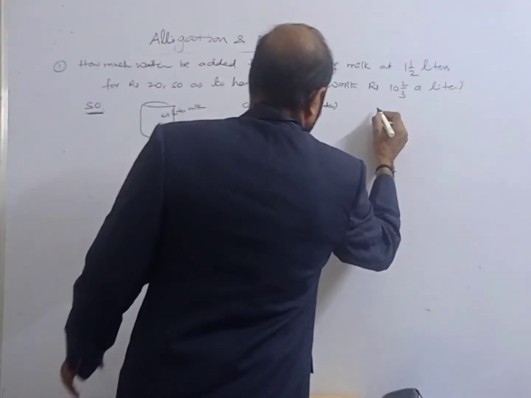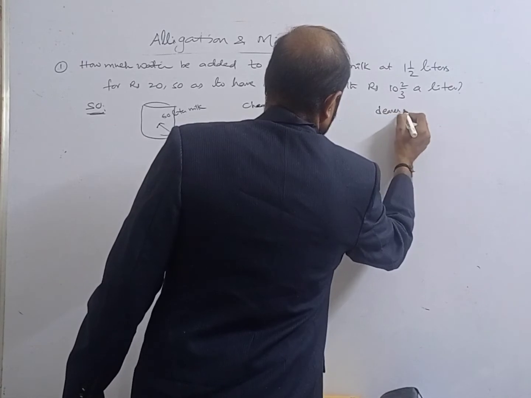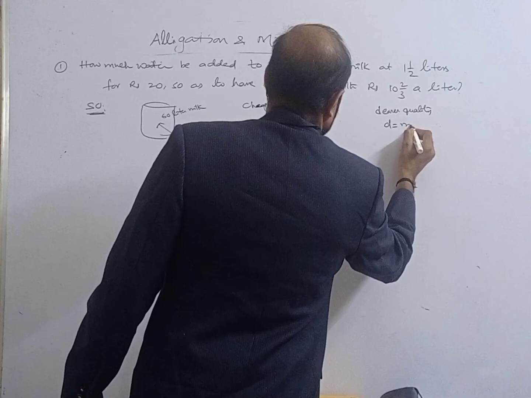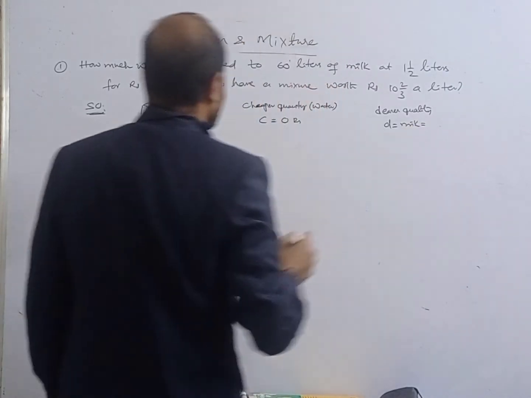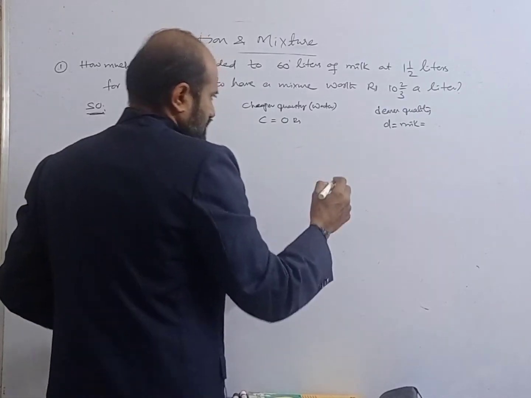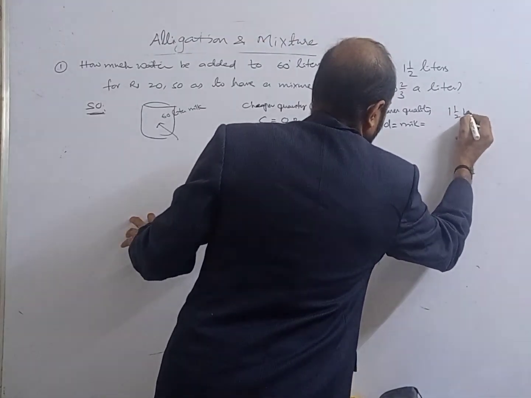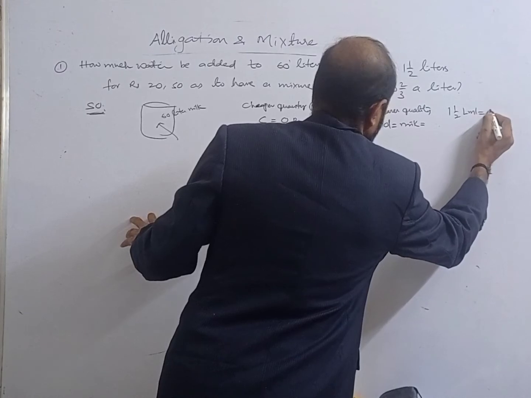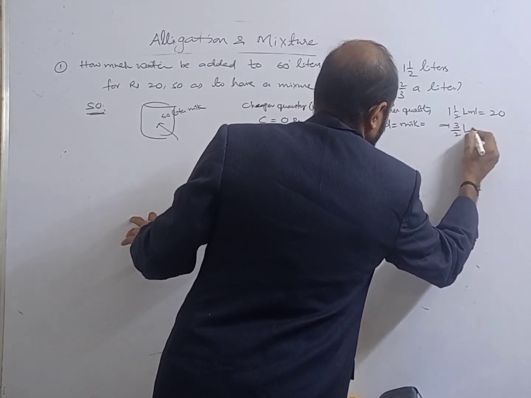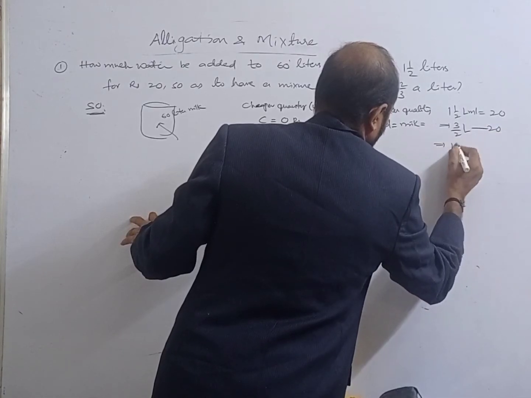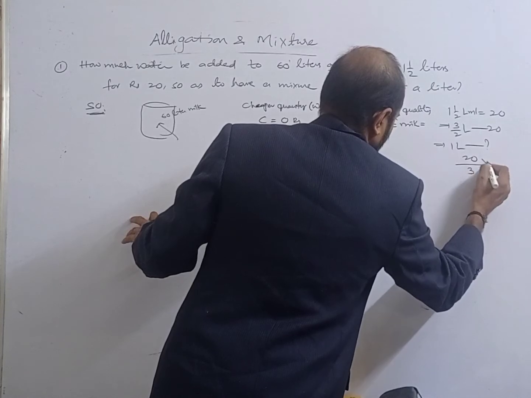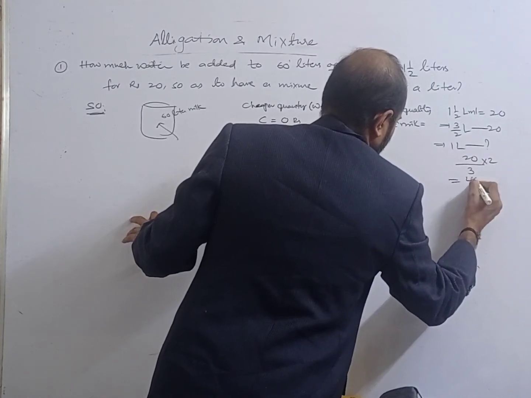And the dearer quantity D is milk. 1.5 liters, that is 3/2 liters of milk, costs 20 rupees, so 1 liter costs 20 divided by 3/2, that is 40 by 3 rupees.